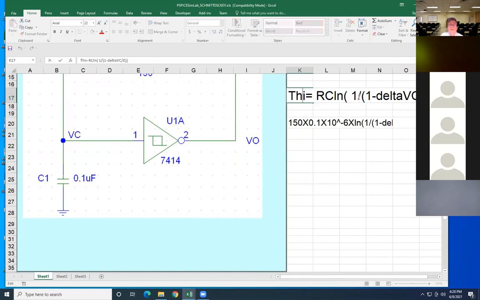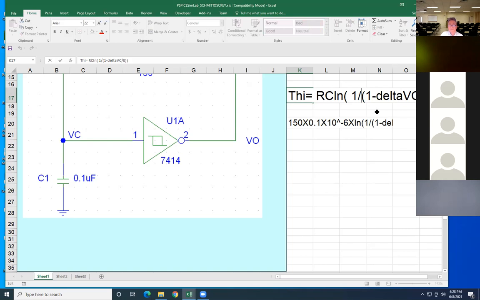If there is no 1 over, that means you get 1 minus delta VC over E. Now, this is what I found, Mr. Pham. The equation we started with is delta VC over E equals 1 minus e to the power of minus T over RC.